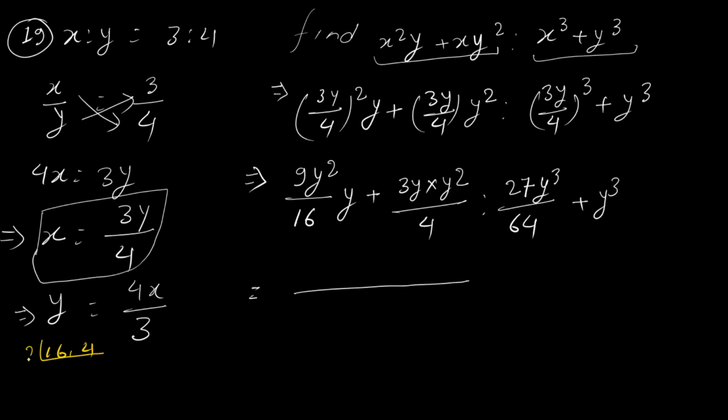If you are doing the LCM, first divide by 2. 2 8s are 16, 2 2s are 4, 2 4s are 8, 2 1. Now multiply all these: 2 2s are 4, 4 4s are 16, and 1 is 16 only. So what will it be here? It will be 16.